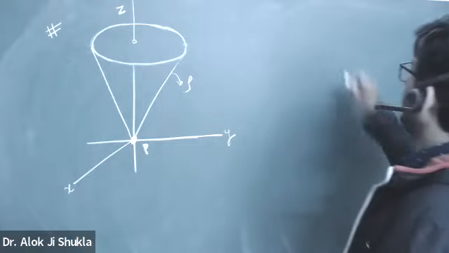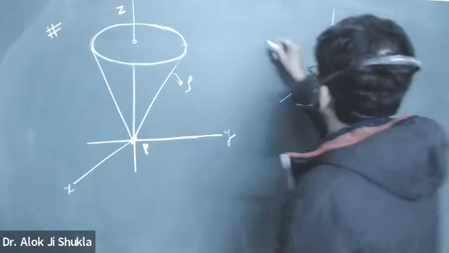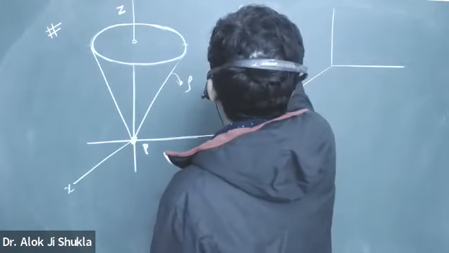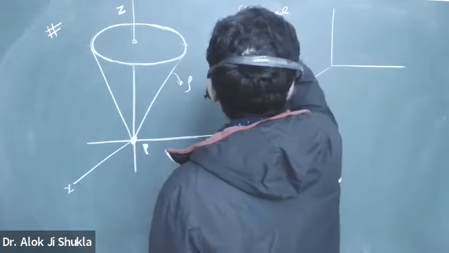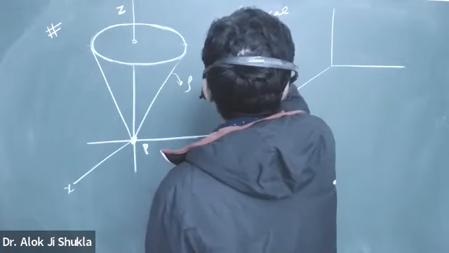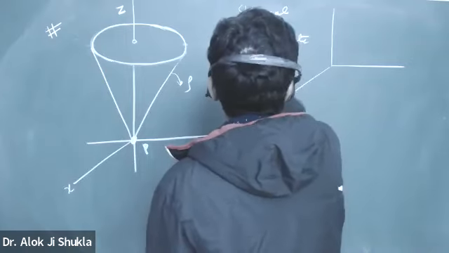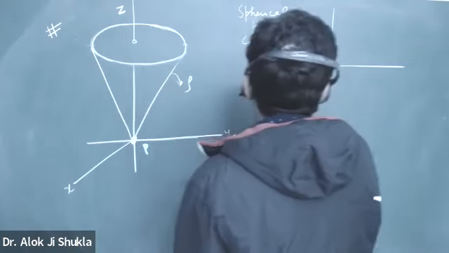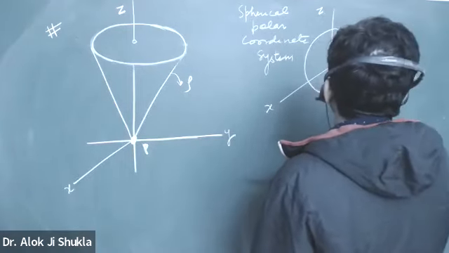So please understand, in spherical polar coordinate system, सब लोग ध्यान से देखेंगे, spherical polar coordinate system. This is X, this is Y, this is Z, and this is the sphere.